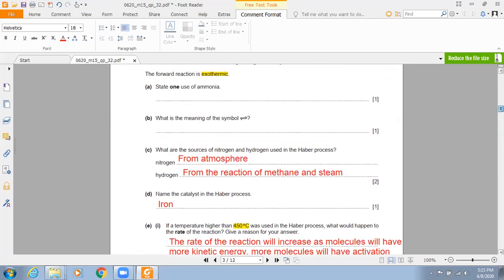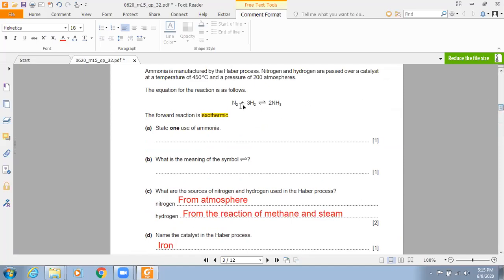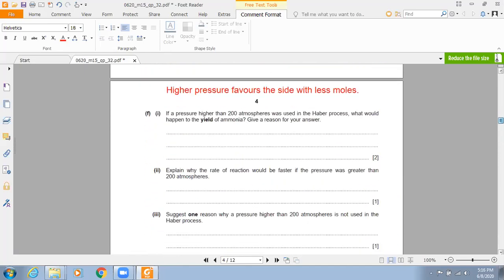If you forgot by this time, see in the left side how many moles are there? We have 1 plus 3, 4 moles. And in the right side, how many moles are there? Only 2 moles. So in the right side we have less moles. Higher pressure will favor the right hand side, right?